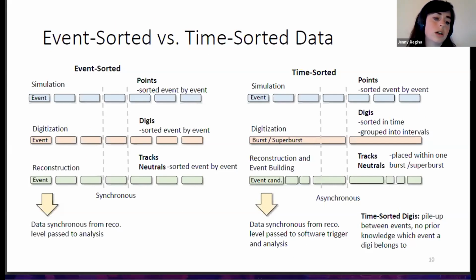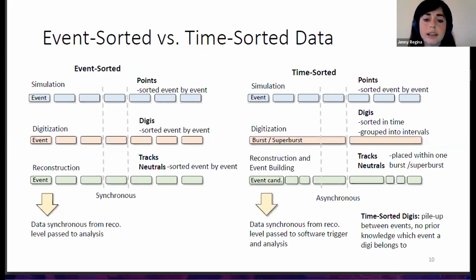So there you already have the events clearly separated, and the data is synchronous all the way between the simulation and the reconstruction stage. And from there, the data is also synchronized going to the analysis level. However, if you use time sorted data, this looks the same at the simulation stage. Everything is ordered event by event.